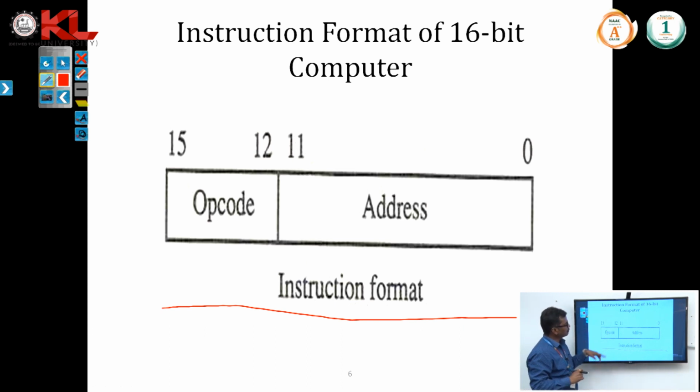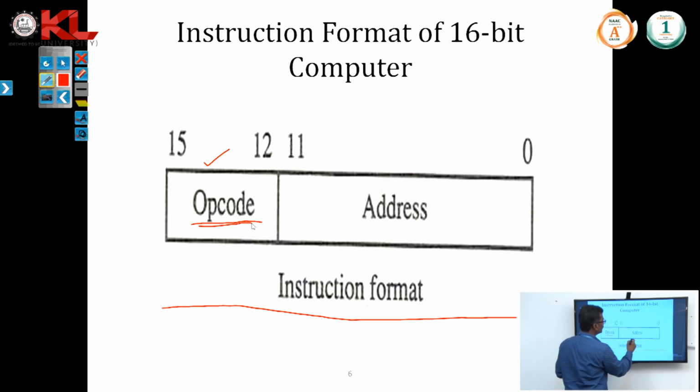The first part, as I told you, consists of the code of that particular operation, which we call the opcode or operation code, and it occupies bits 12 to 15. Similarly, the second part is the address part, which is the location in the memory where that particular data or operand is present.